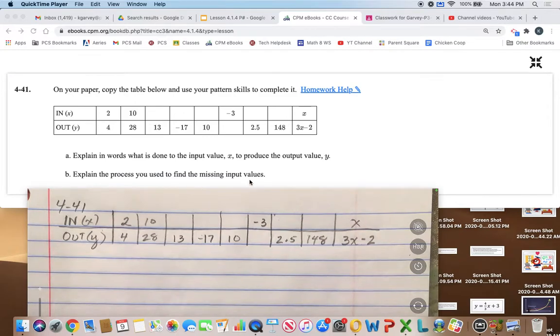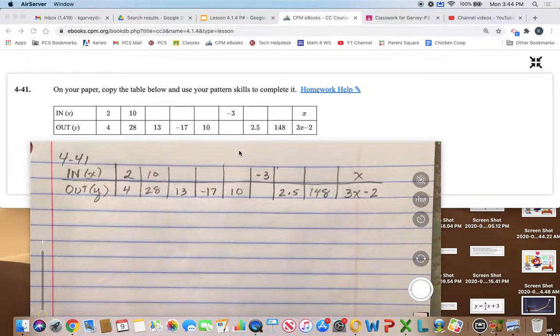Okay, so the first thing we need to do is actually find the missing input values. So we're going to write this table down and complete it.